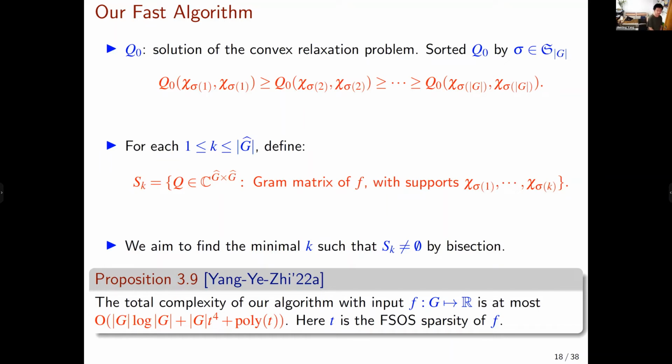Then we aim to find the minimal k such that Sk is a non-empty set by bisection. To conclude, the total complexity of our algorithm with input f is at most quasi-linear in the cardinality of the group and polynomial in the output FSOS sparsity.